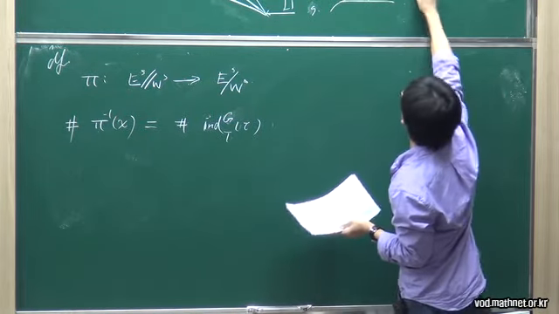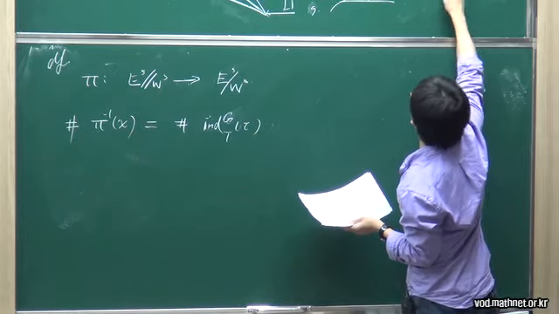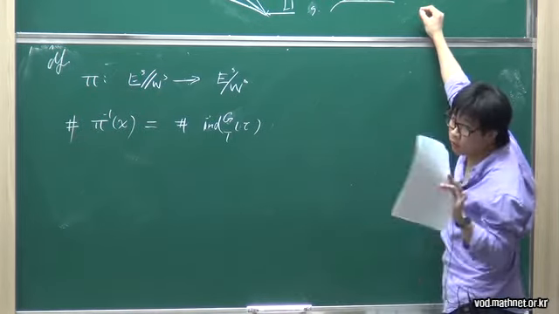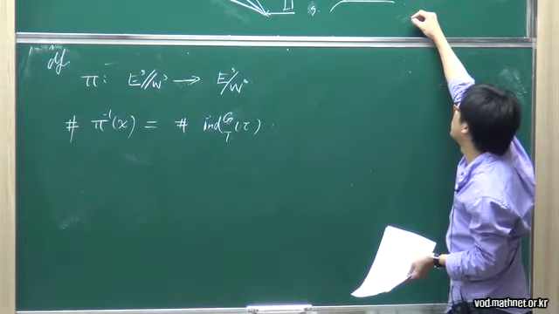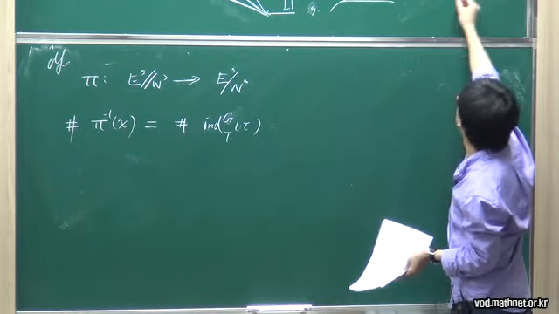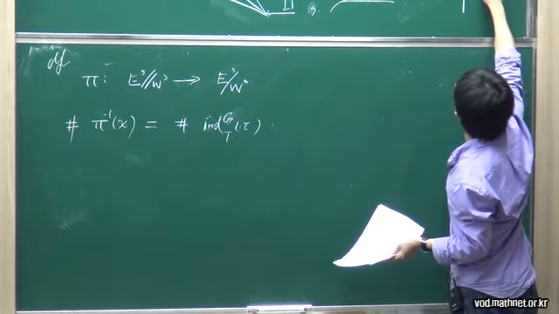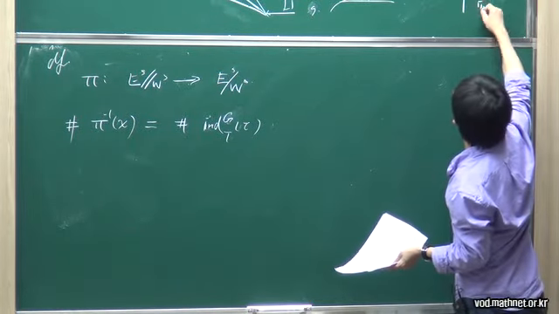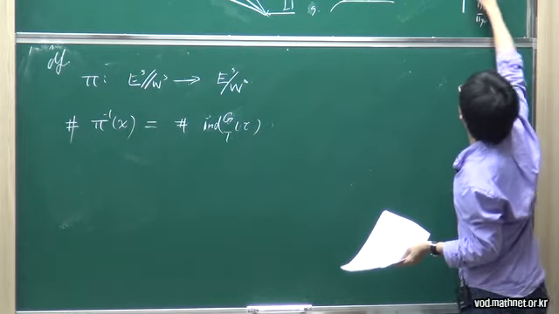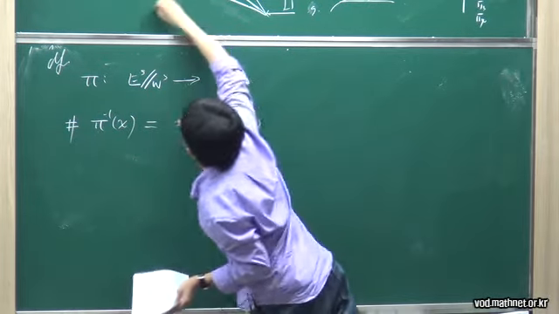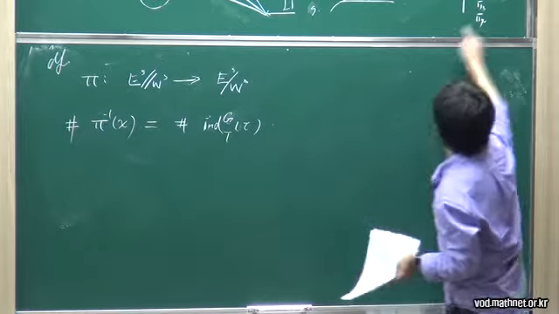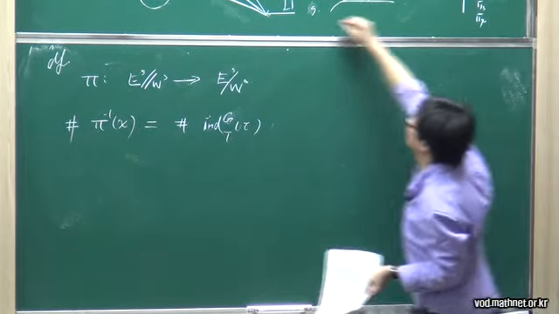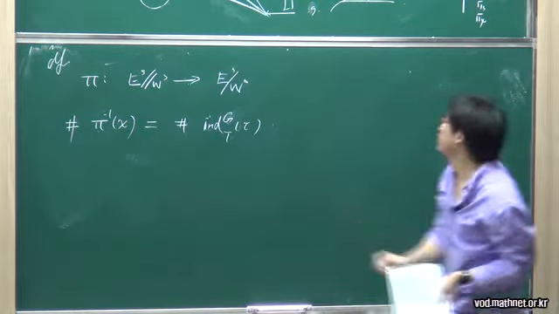This should be reducible and consist of 4 different irreducible representations of G. We have the 4 elements pi 1, pi 2, pi 3, pi 4, and pi 1 is sent to this quotient, and the other 3 points come this way. Okay?